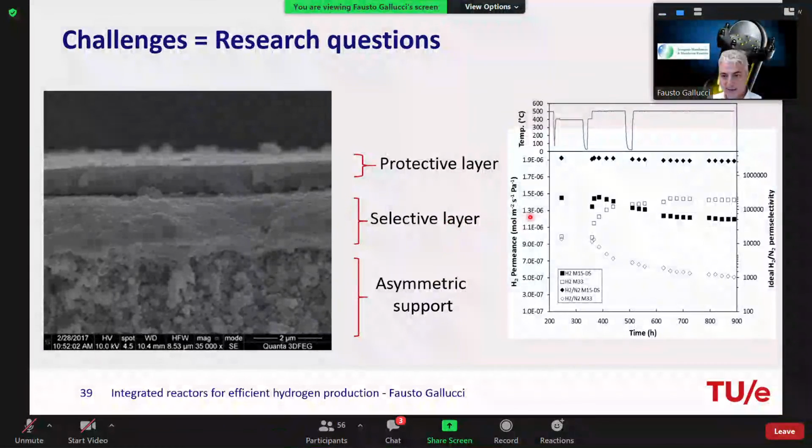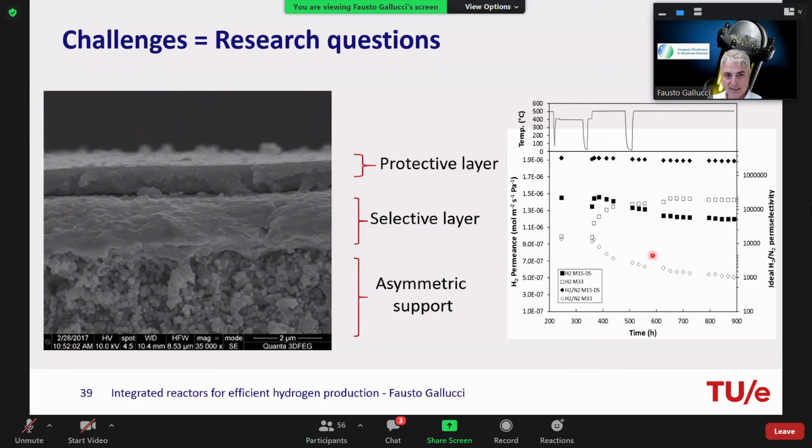What we found is that if we take a membrane without the protective layer, the selectivity starts from 10,000 and after 1,000 hours goes to 1,000. If we start with the protective layer, the selectivity is much higher and much more stable. Here we increase temperature, decrease temperature, stop fluidization. This one is always in fluidization.